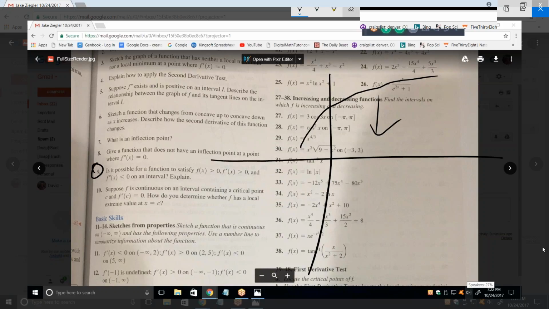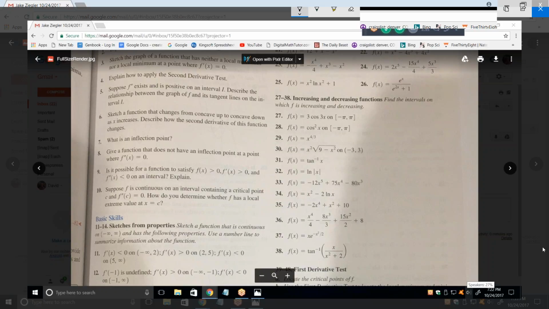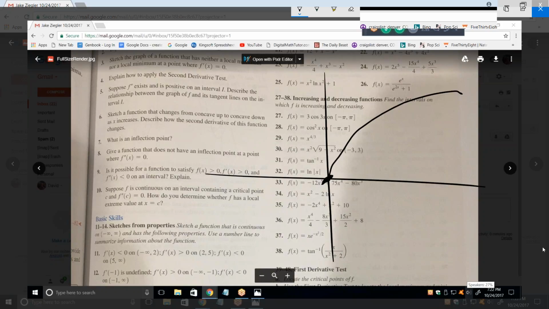So your square root function would be such a function. In other words, if I just draw the square root function, it starts there and goes up like that. Well, that's positive everywhere. Its first derivative is positive everywhere. The slopes never turn negative.